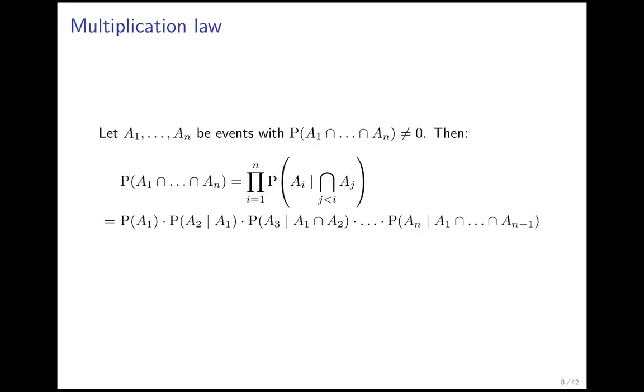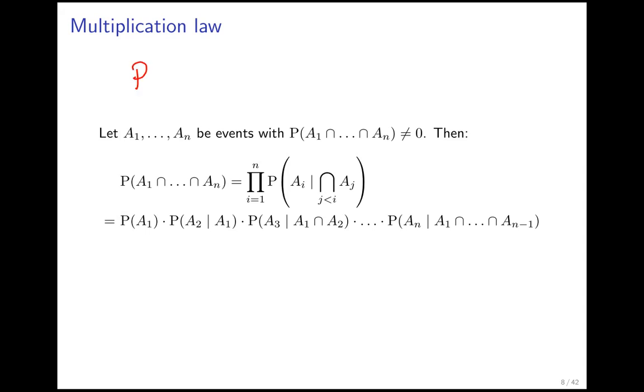So this little trick that we use to memorize the formula or the definition of conditional probability, it actually generalizes to multiple sets, and then it's usually called, or sometimes called, the multiplication law. And what did we have previously?